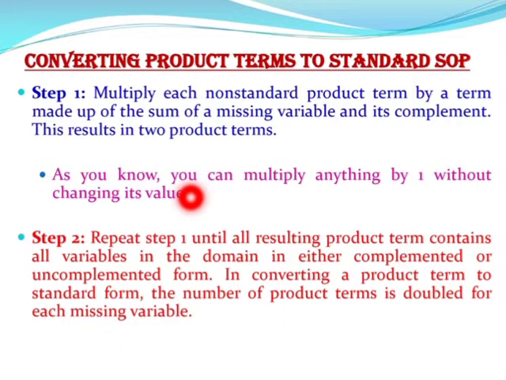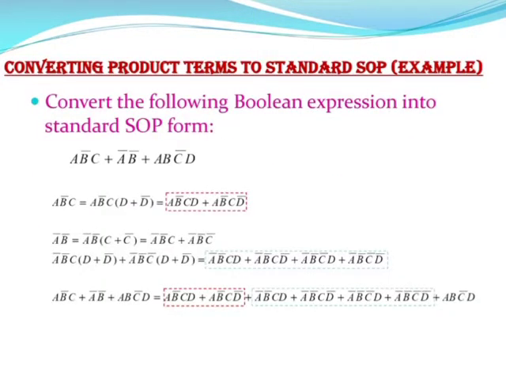In effect, you are multiplying that term with 1, which does not change its value. Step 2, repeat step 1 until all resulting product terms contain all variables in the domain in either complemented or uncomplemented form. In converting a product term to standard form, the number of product terms is doubled for each missing variable.